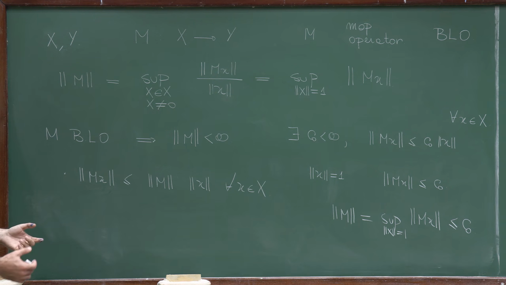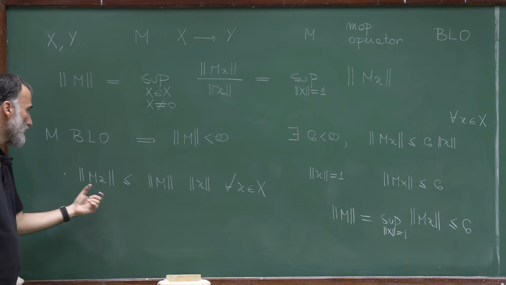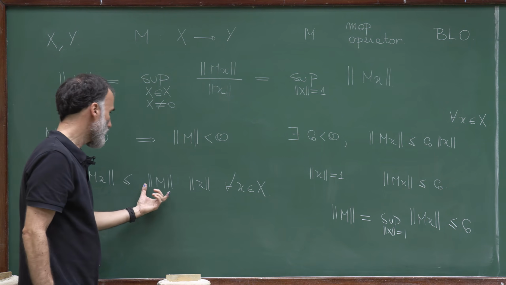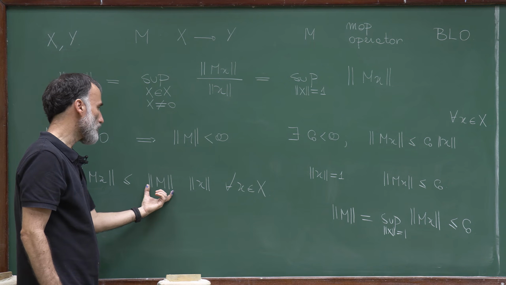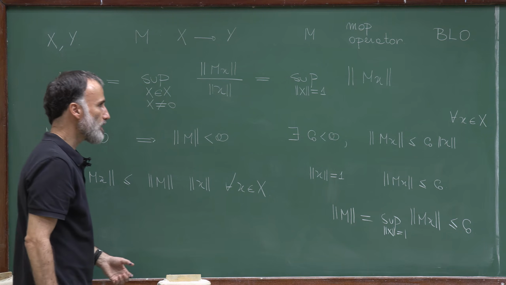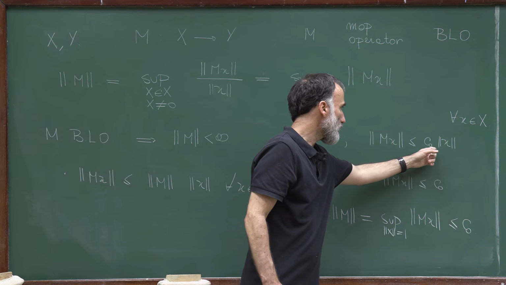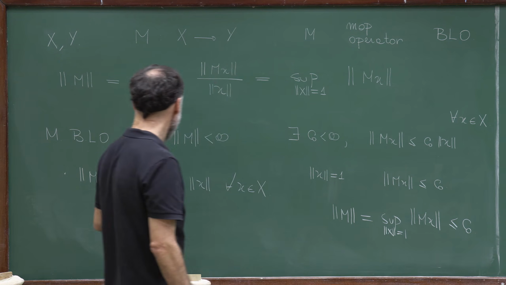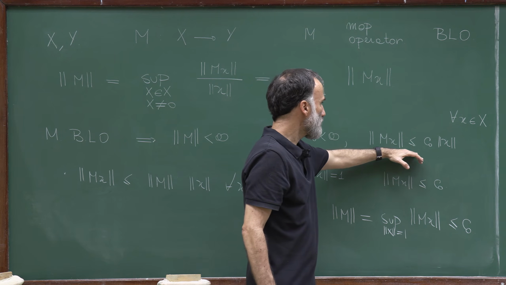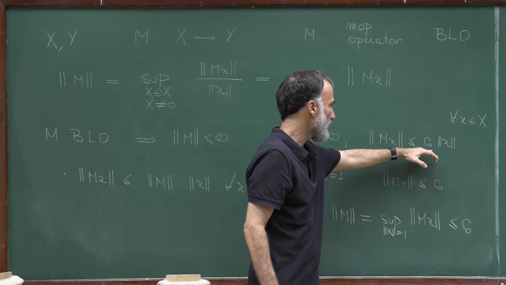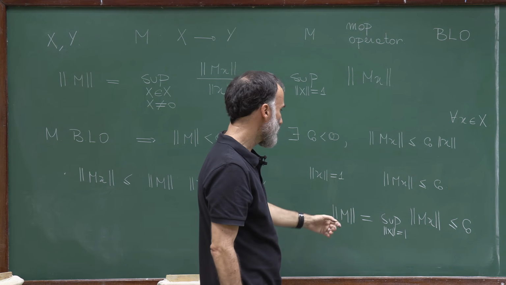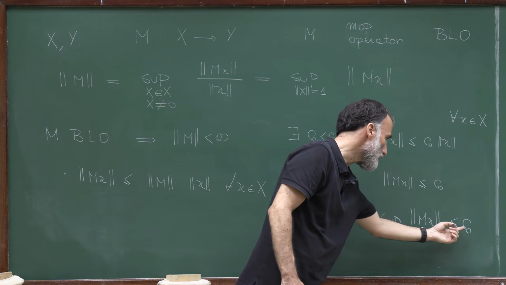And conversely, if its norm is finite, then this inequality is satisfied with C0 equal to the norm of M. And finally, what I claim is that the optimal constant here, C0, is the norm of M. Indeed, assume that this inequality is satisfied by a finite constant C0. This argument gives you that the norm of M is bounded by C0.